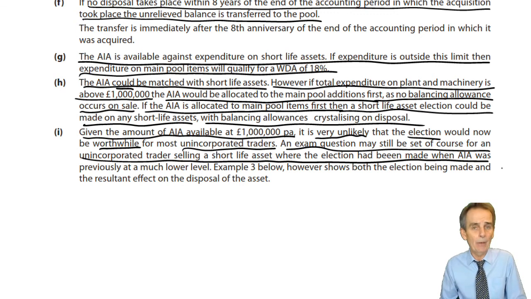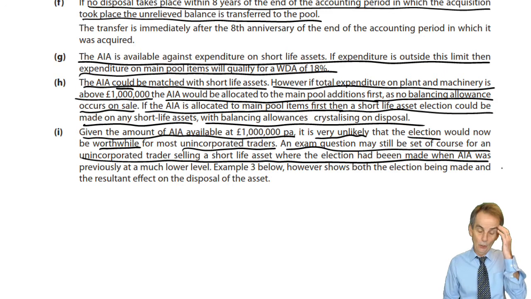Now, what is going to happen in relation to that asset this period? It's going to be sold, and most likely, as we'd expect, sold for a much lower figure of sale proceeds. So you're not making the decision in your exam question, do we, don't we make that election? That decision had already been made in years gone by.